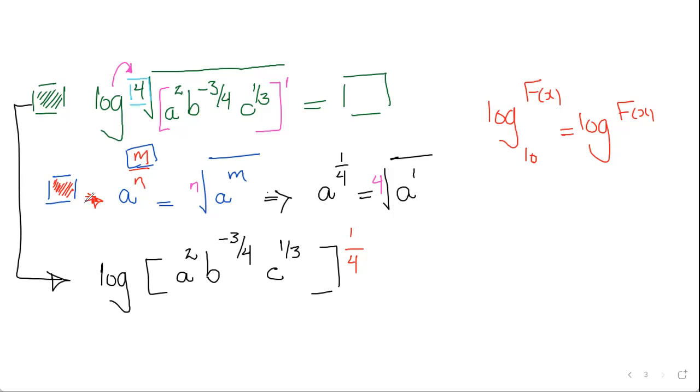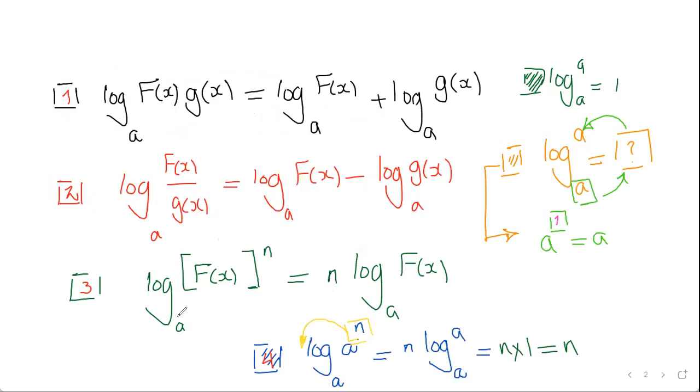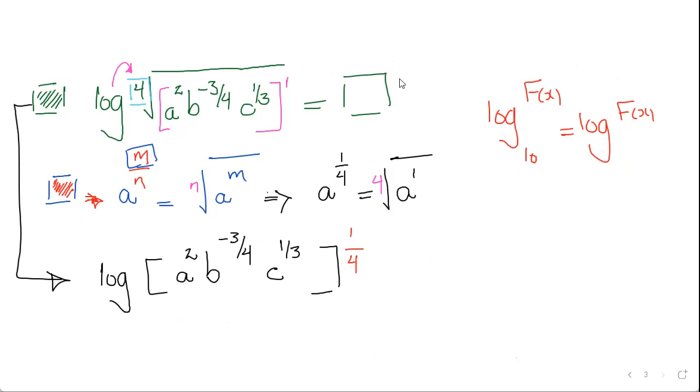So far, that's the basic thing that we could have done to just remove this ugly looking operator, which comes with an index of 3, 4. Now it's much easier to work with it. Why? Because if I come back to this identity, which always has an exponent n for the log function, then I can have it as the coefficient.